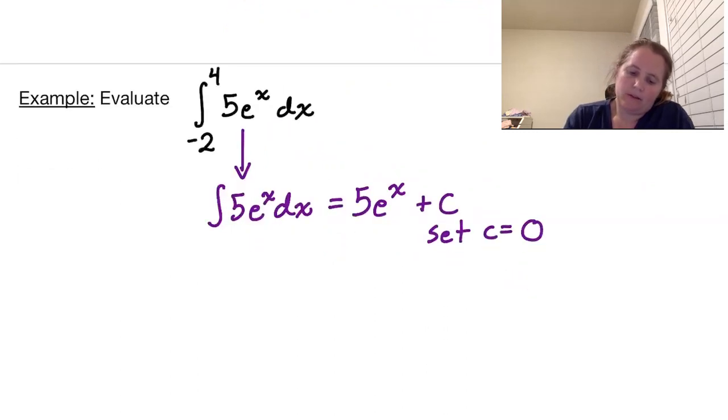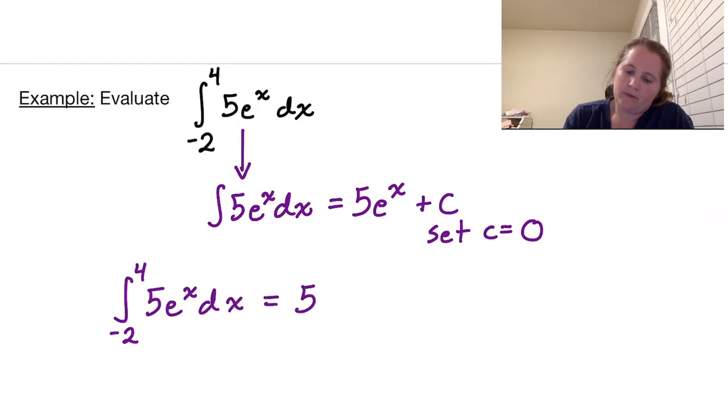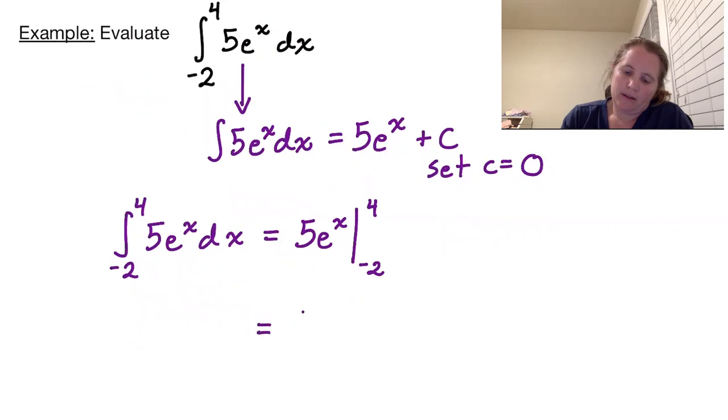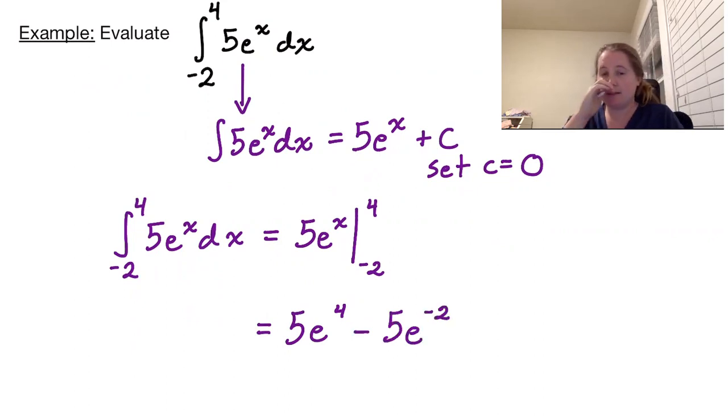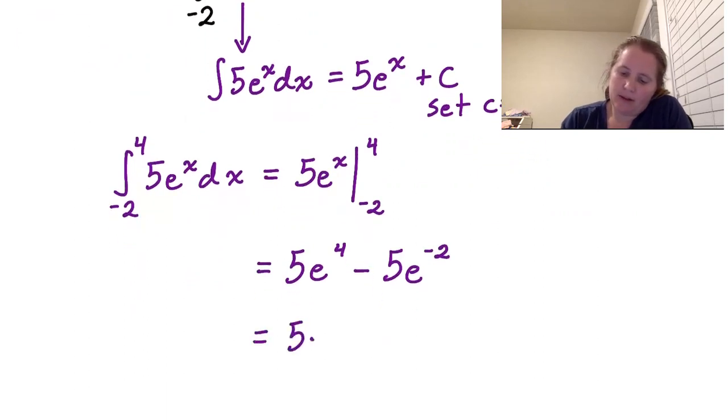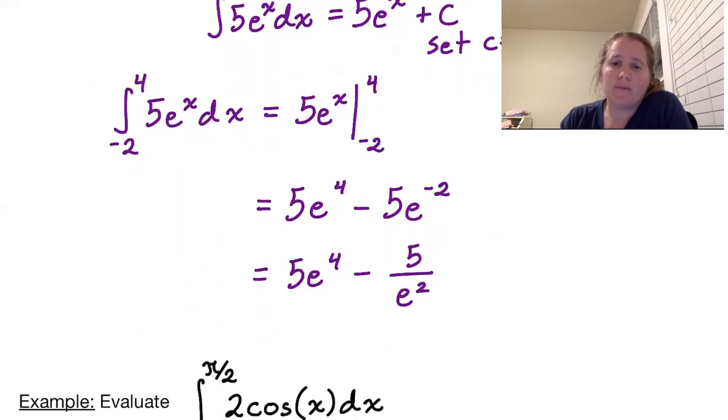And we have the definite integral from -2 to 4 of 5e to the x dx is equal to 5e to the x, with our vertical line from -2 to 4. Plugging in, this is 5e to the 4th minus 5e to the -2. And that's as simplified as we're going to get in this case. We could technically write this as 5e to the 4th minus 5 over e squared if you want. But this is our definite integral in exact form.